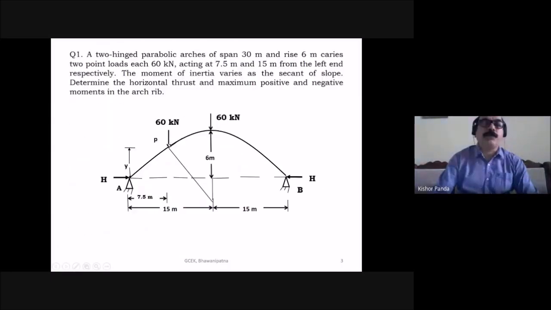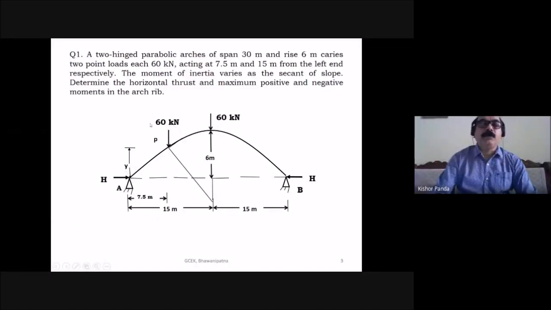First you have to find the horizontal thrust due to this load and the horizontal thrust due to this load. There are two concentrated loads at distances 7.5 meter and 15 meter from the left support.